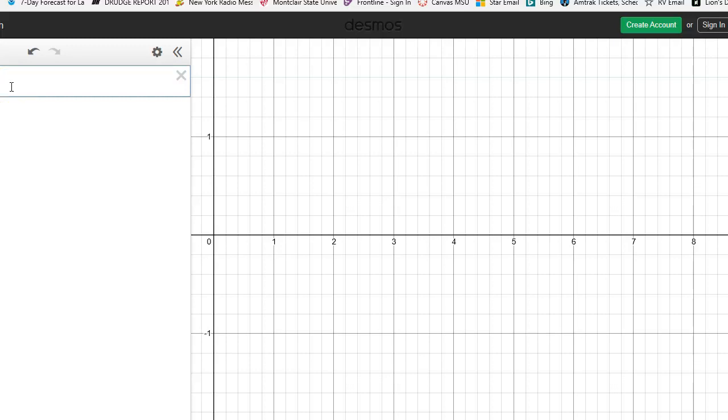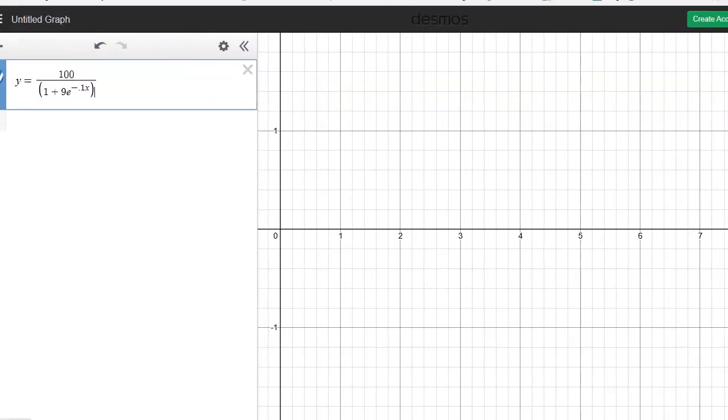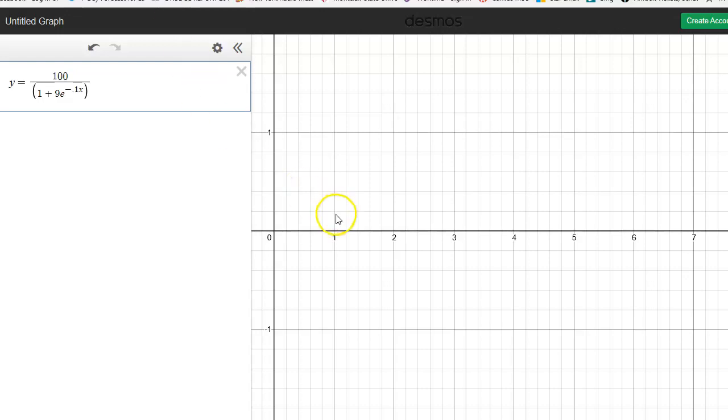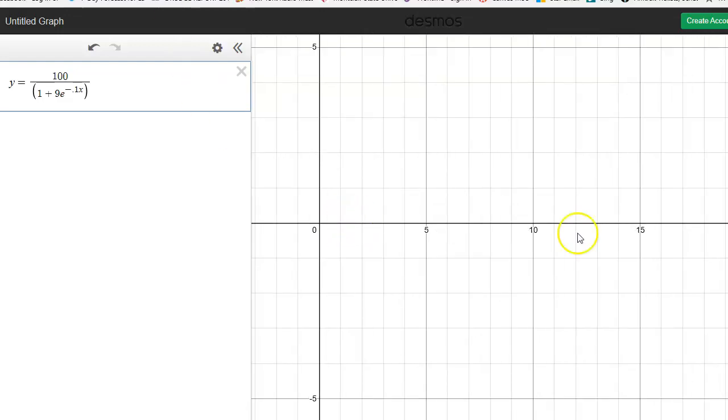I'm going to punch in y equals, and then I'll put in my logistic growth function: 100 divided by 1 plus 9e to the negative 0.1 x. I'm using x because that's how this system is set up. Okay, so there is my logistic growth curve. You realize we don't see anything because we're way out of the window, right? The carrying capacity is 100.